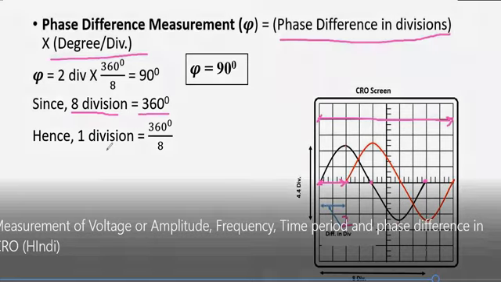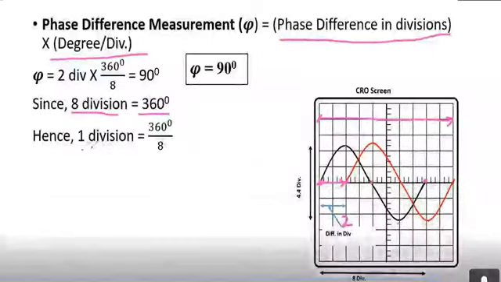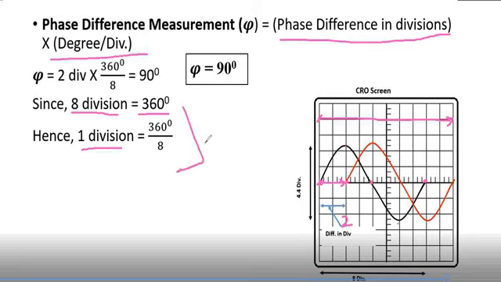Hence 1 division is equal to 360 upon 8. So we get the value of the degree per division. See, this is the value of degree per division.